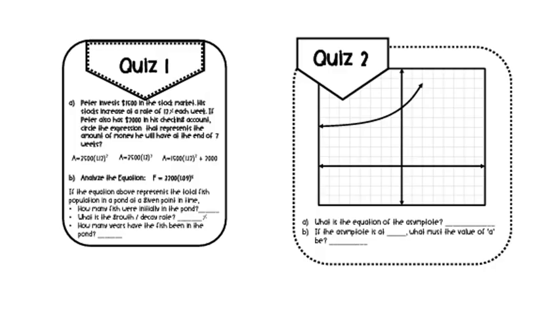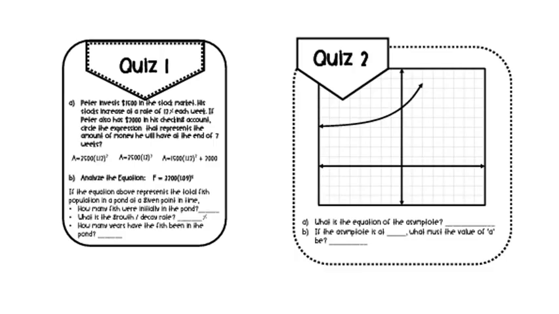Peter invests $1,500 in the stock market. His stocks increase at a rate of 12% each week.